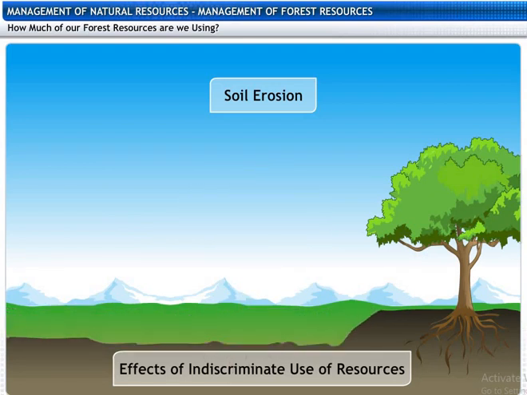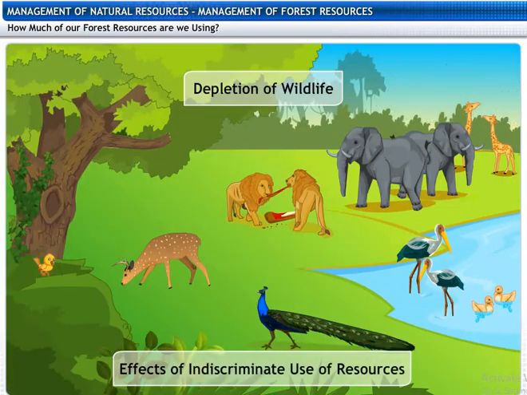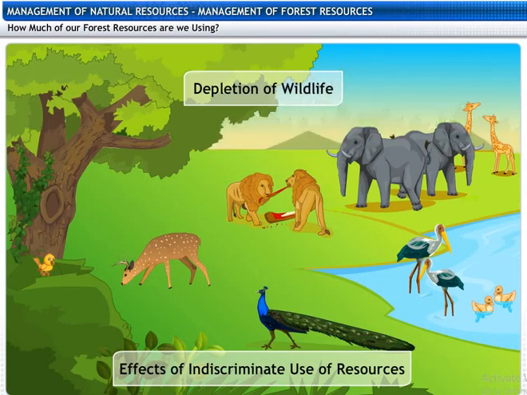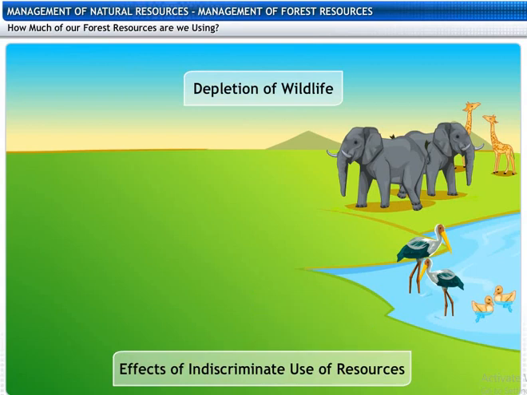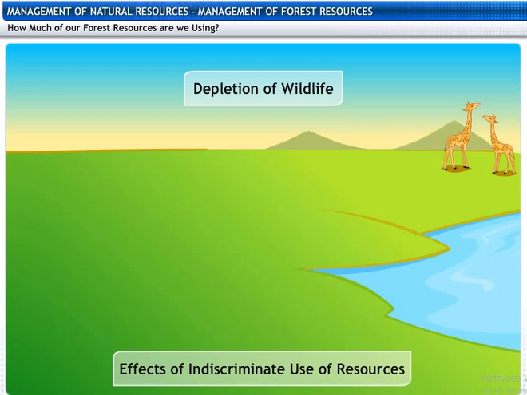Secondly, without the trees, wildlife dependent on the trees and forest cover would no longer survive. It's not just the number, but the variety of species of trees, plants, and animals that are found in the forest that is important. It is this biodiversity that is so valuable.